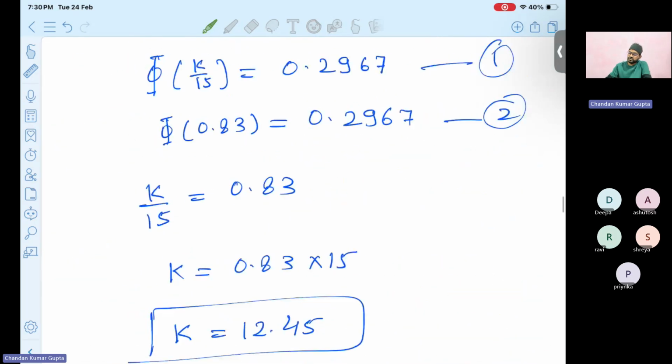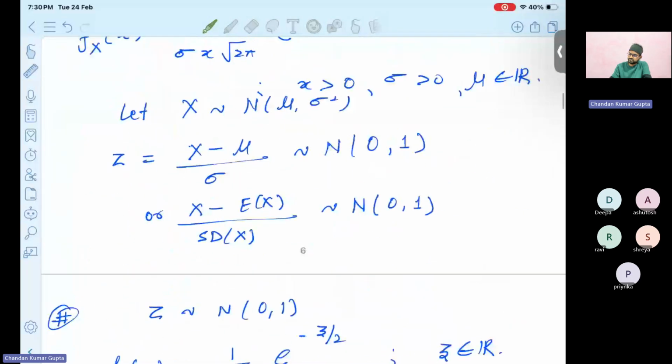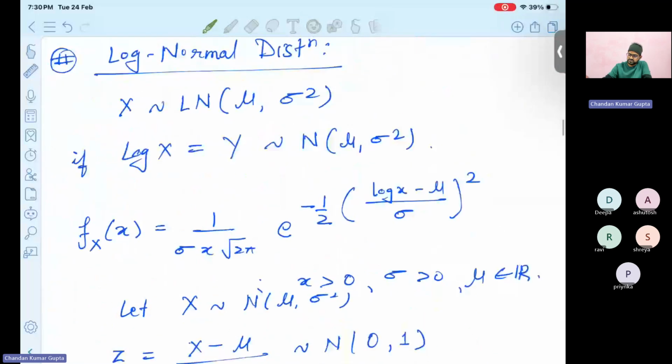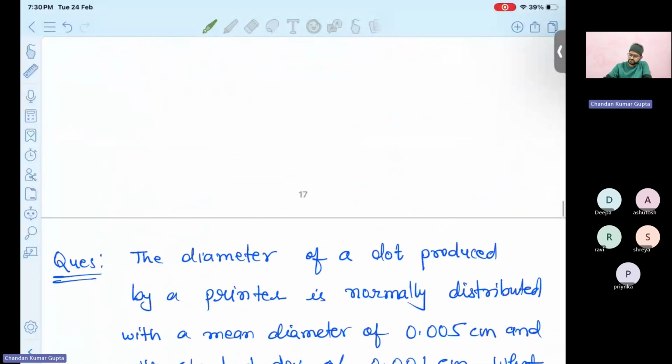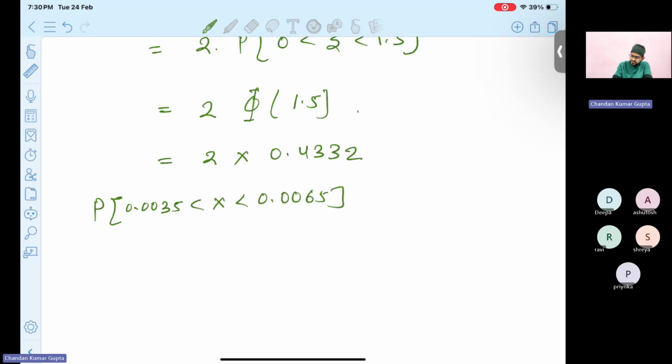So let's see the value at 1.5. It's 0.4332. Twice 0.4332, which is the probability that x is between 0.0035 and 0.0065, comes out to be 0.8664.